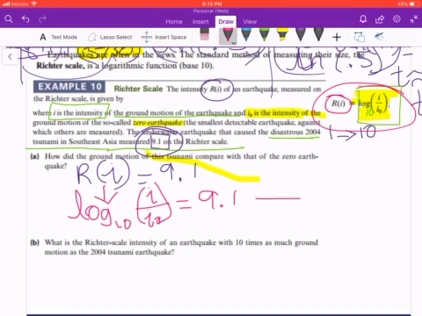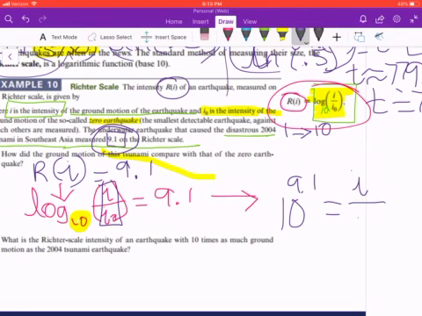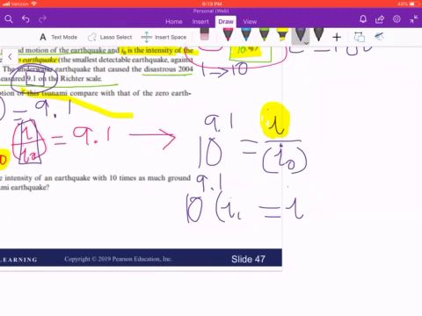So if we change this expression into an exponential expression, remember we do start with the base, and so this will be 10 to the power 9.1 is equal to I divided by I sub 0. Or if we solve for I, because that was the question, we could say that I is equal to 10 to the power 9.1, and this I sub 0 is dividing I, so we take it across, it will be multiplying, so I sub 0.